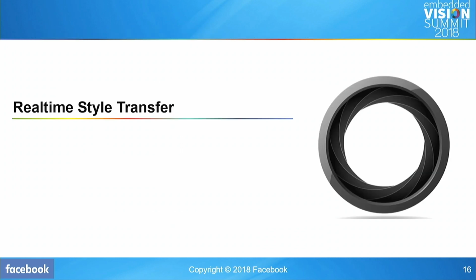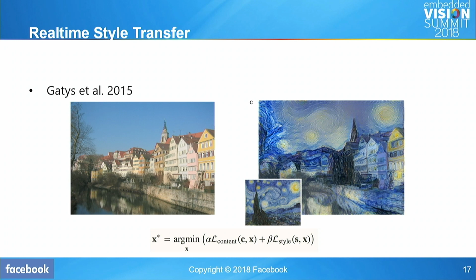Let's go through two specific products that we pushed out from research. One of them is real-time style transfer. Style transfer is not a new topic, and it didn't start in 2015, but much earlier. 2015 was the first time deep learning was applied for style transfer, by Gatys.